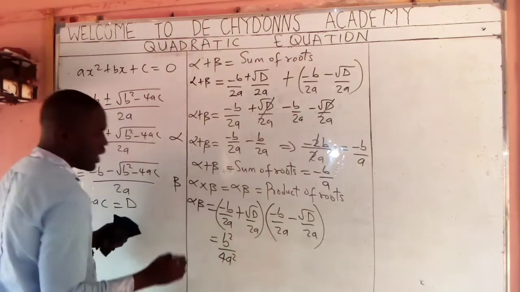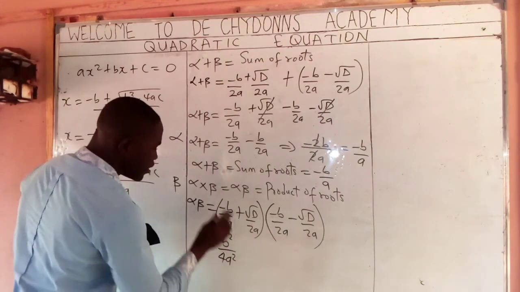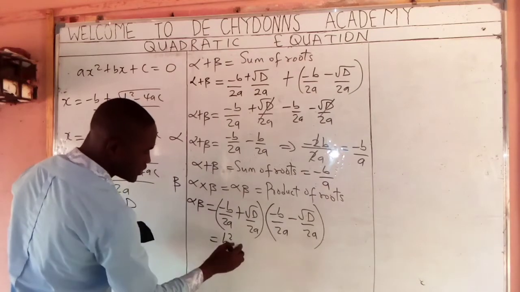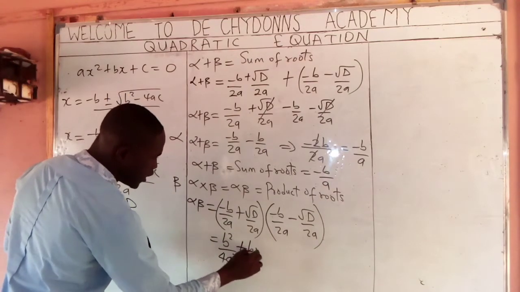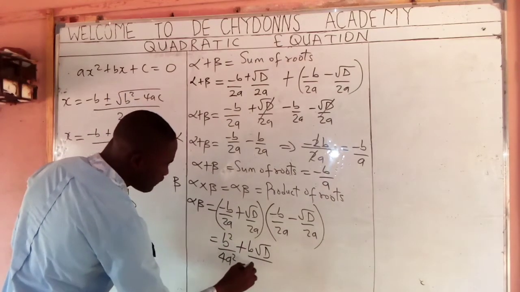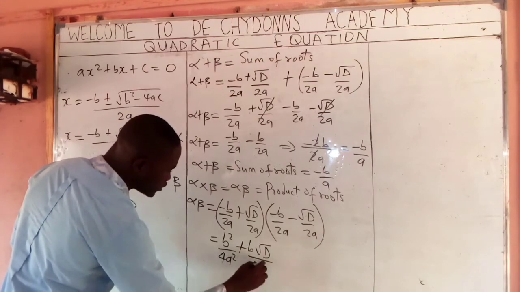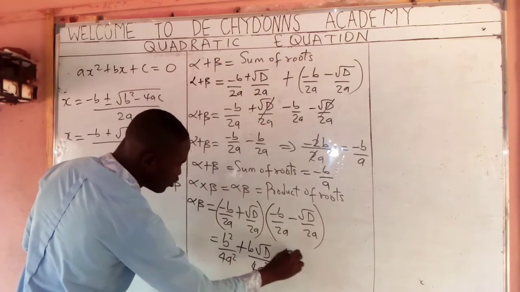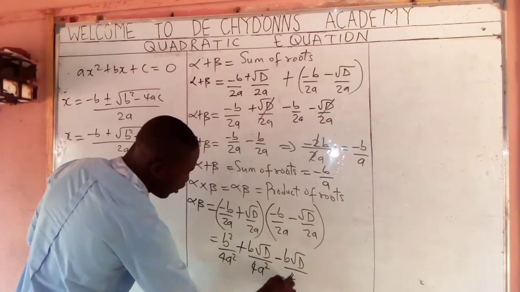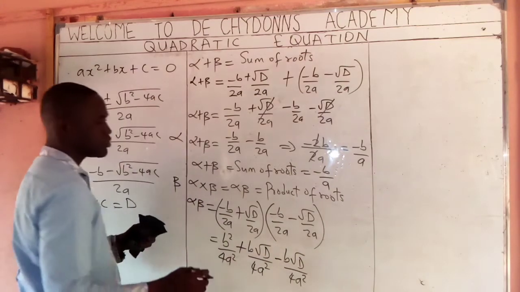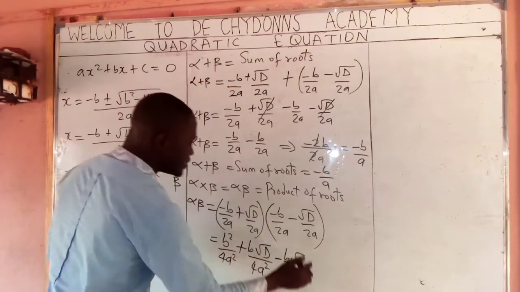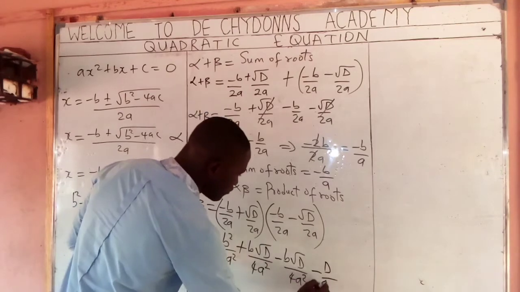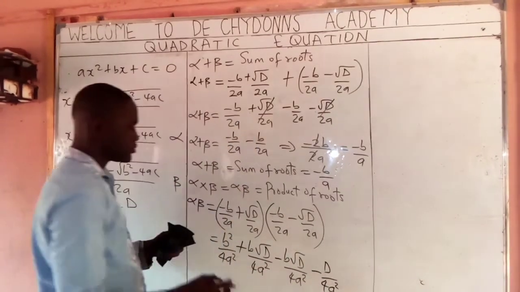Then I will now say this times this: minus times plus, minus times minus is plus b root d all over 4a squared, plus times minus b root d all over 4a squared. Then this times this is minus d all over 4a squared.